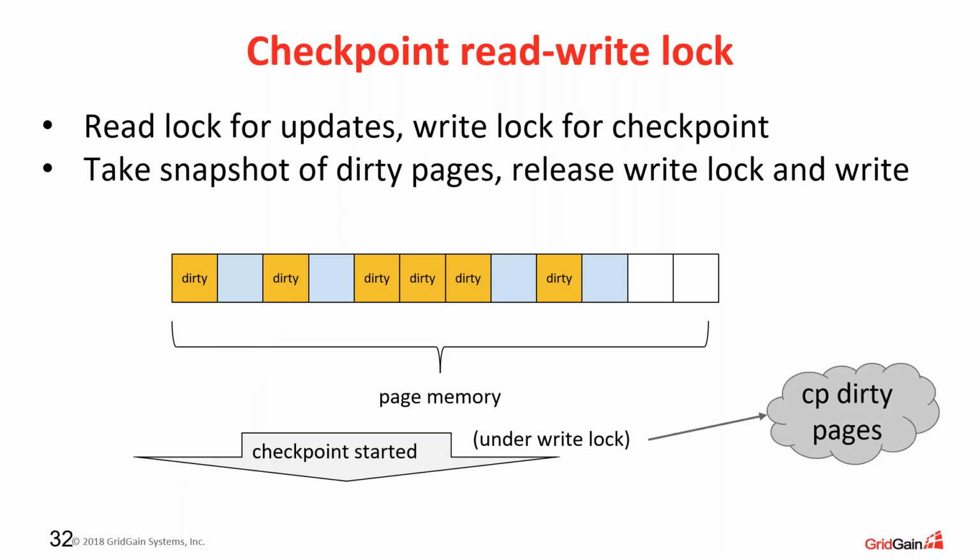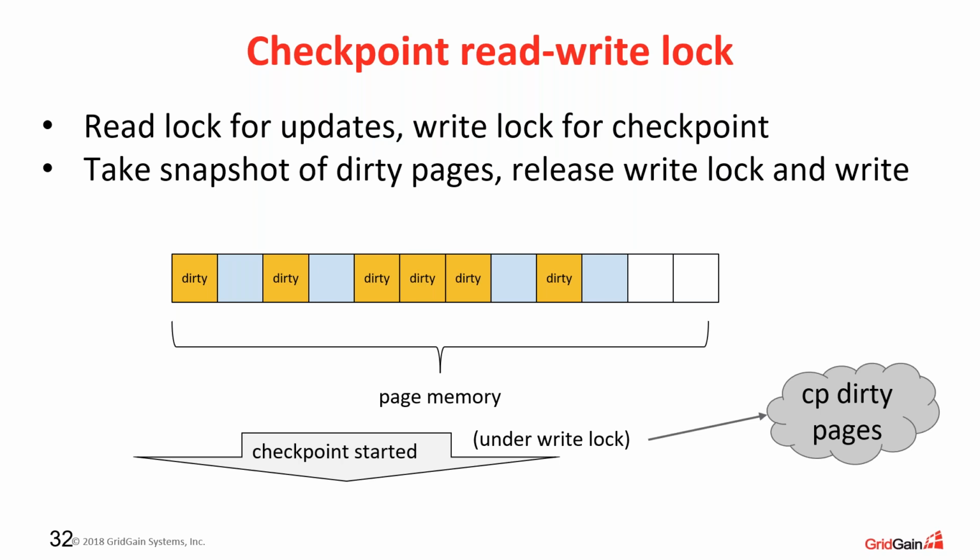And when the write lock is acquired, we just take a snapshot of dirty pages. We just accumulate all dirty pages, not only in flags, but in some collection. And under checkpoint write lock, we just take snapshot of this collection, and then we release write lock and continue user transactions to acquire read locks.